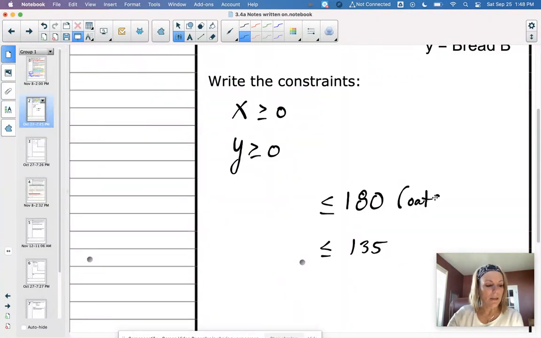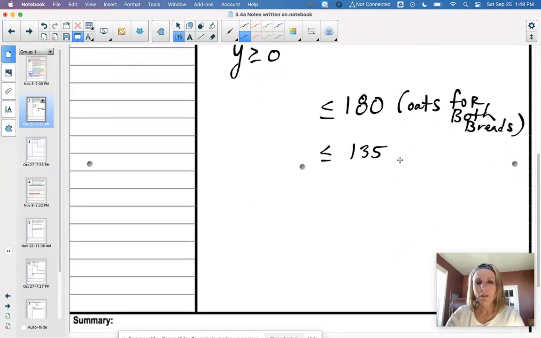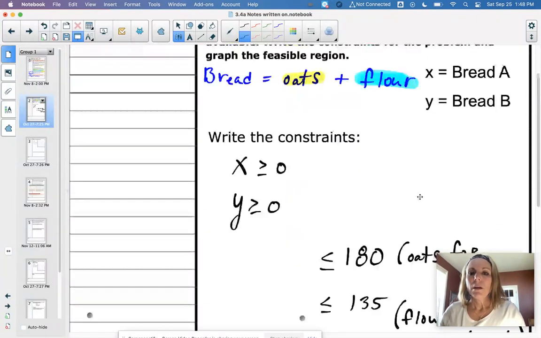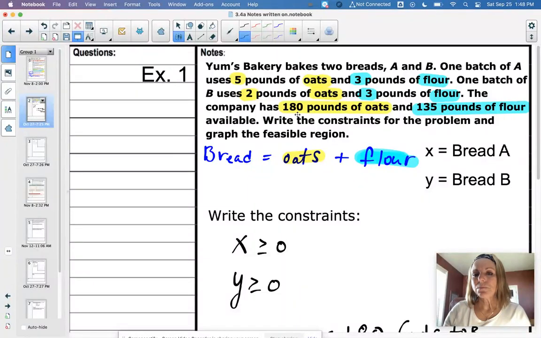This is the oats for both breads. And this is the flour for both breads. And it says it up here. 180 goes with oats, 135 goes with flour.